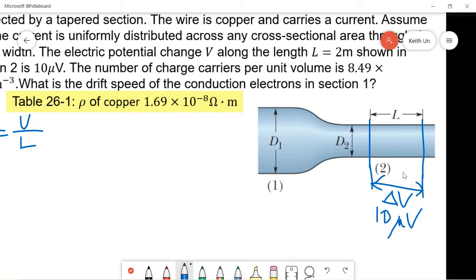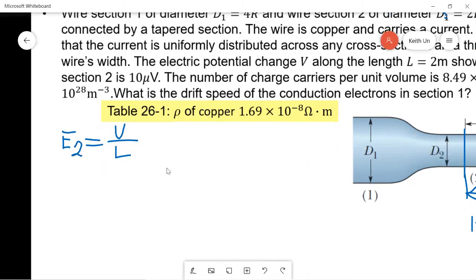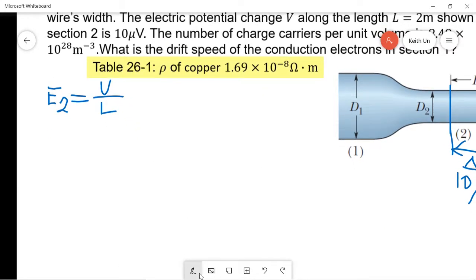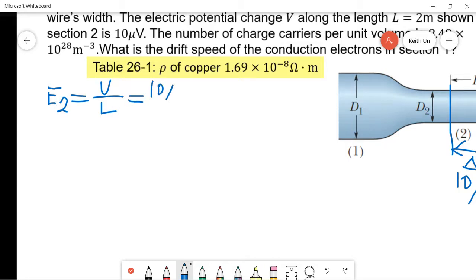So we have 10 mV for length L. So we can calculate the electric field at section 2, L is 2 meters. So E field is 5 mV per meter.